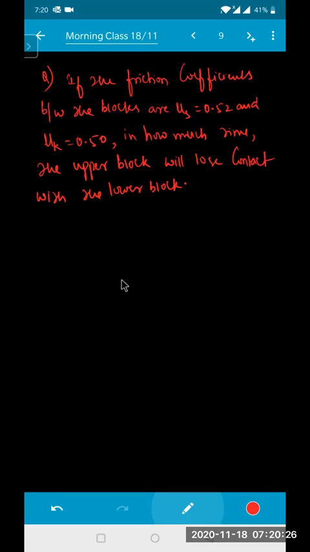So this is the situation here. There is a 5 kg block, and this one is your smooth surface.